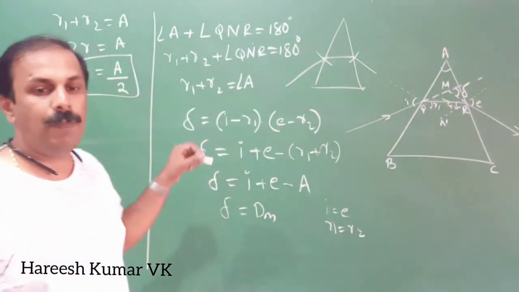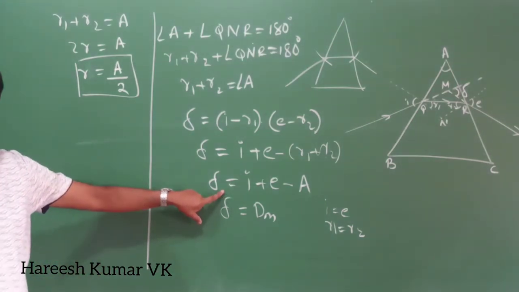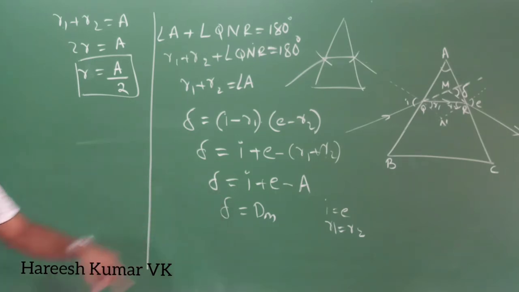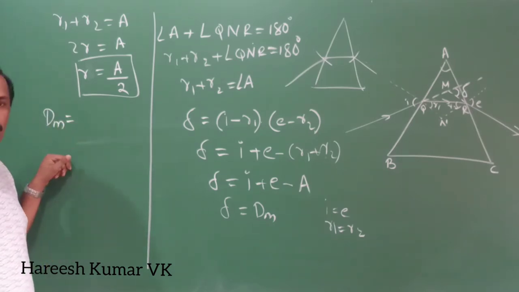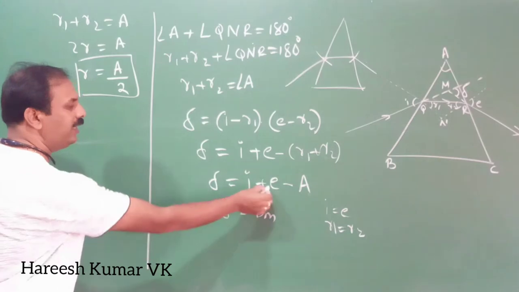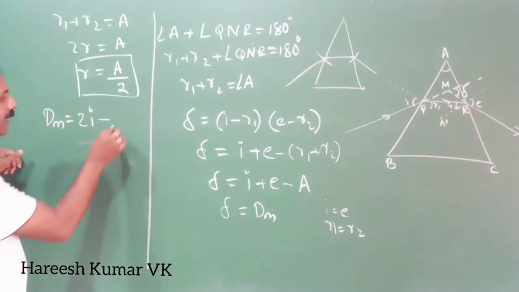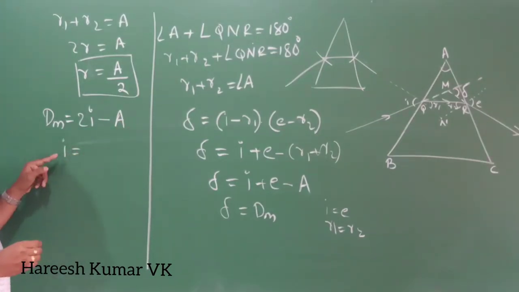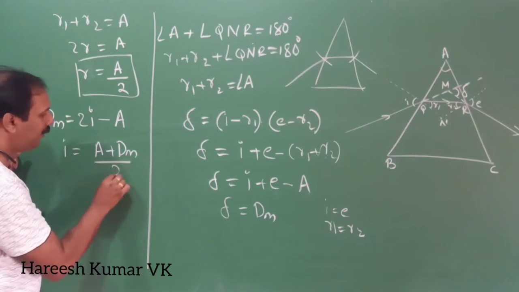So if you apply that, for the particular situation at minimum deviation, we can write Dm, that is angle of minimum deviation, is equal to, these two are the same, so it will be 2I minus A, or from this one you can write I is equal to (A plus Dm) divided by 2.